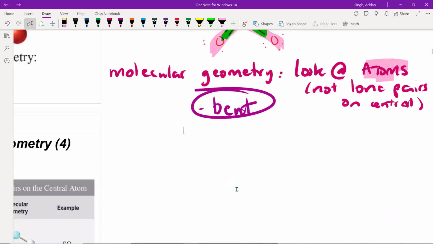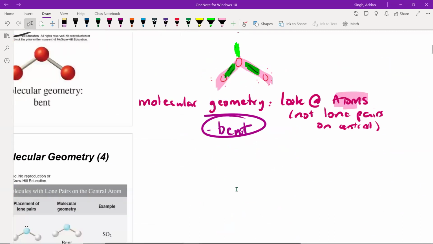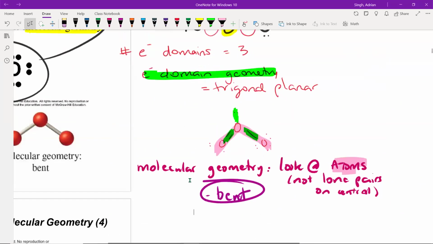Okay, this is going to be the steps for every single molecule where you have to determine the shape of it. You need to first of all start with the electron geometry, and then we can come up with the molecular geometry at the end. Okay, so molecular geometry for ozone will be bent.